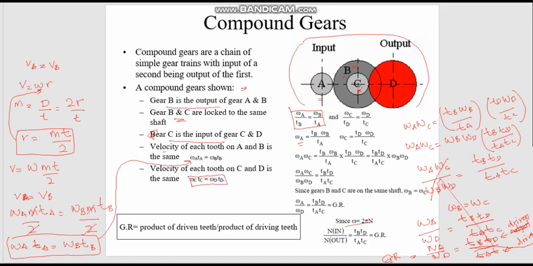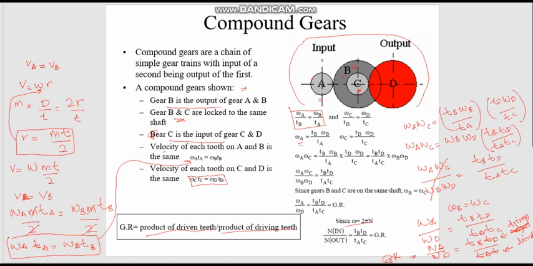So this is driven over driver. From here we can say that the gear ratio for a compound gear can be calculated by the product of driven teeth over the product of the driving or driver teeth.